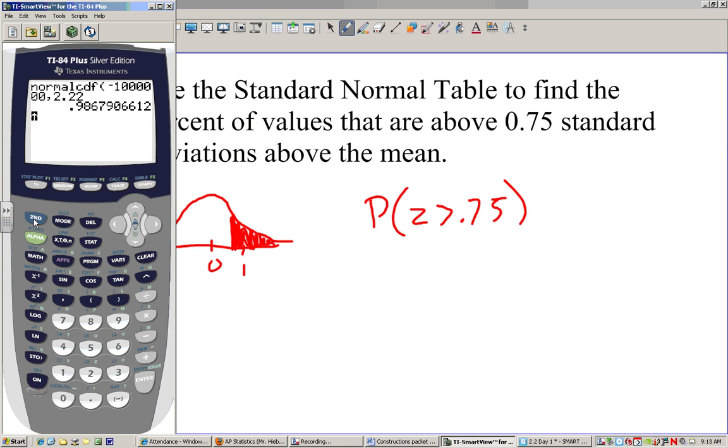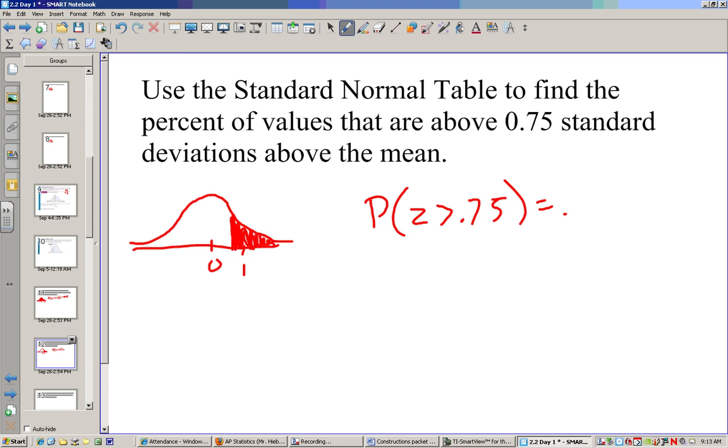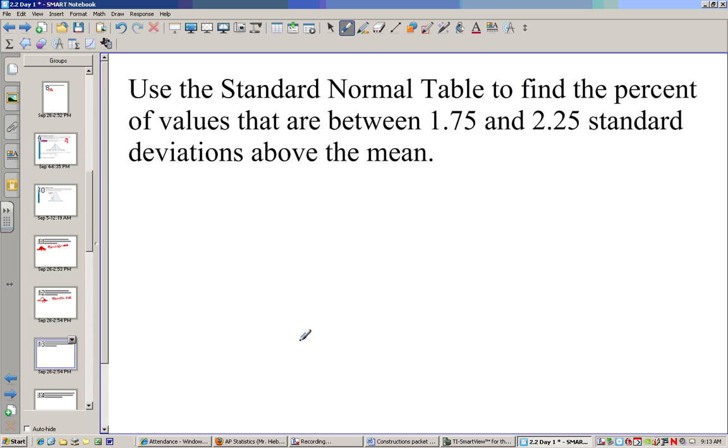We're going to do a normal CDF. Our smallest value is 0.75, and we go up to infinity. So make a big number there, close it off, and it's 0.2266. So about 22.66% of the data is to the right of 0.75 standard deviations.